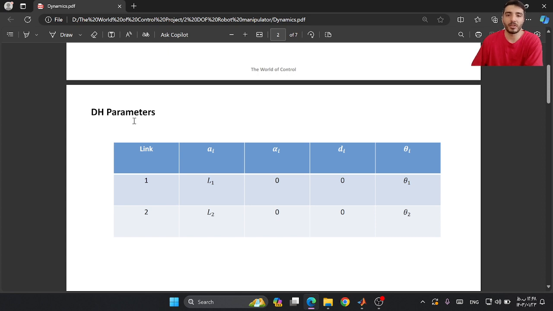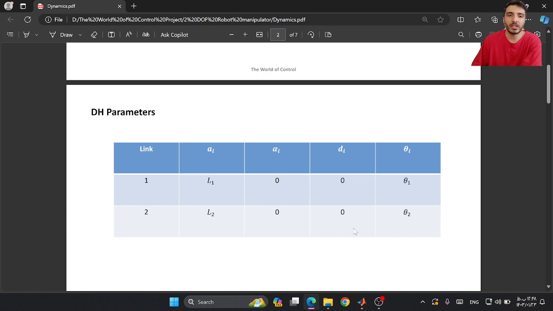Denavit-Hartenberg parameters actually. We can see that we have 2 links, and A of i, alpha of i, d of i, and theta i are the 4 parameters that we have to extract for each degree of freedom of our system.